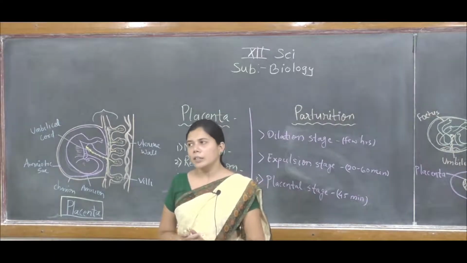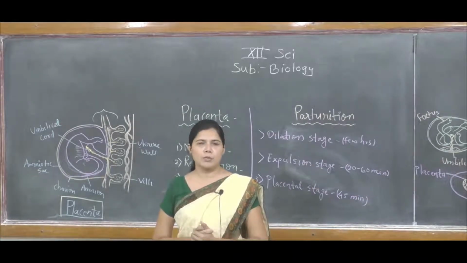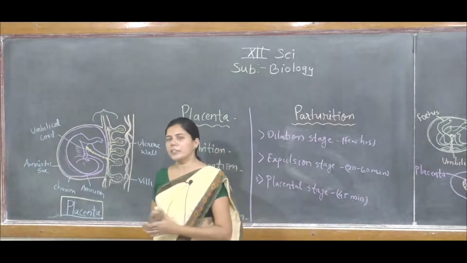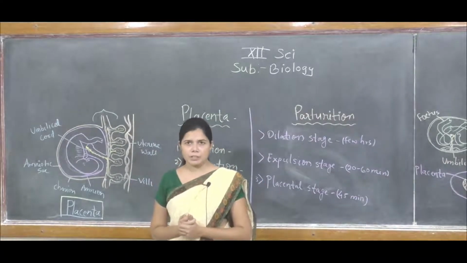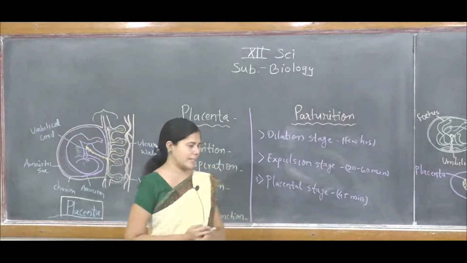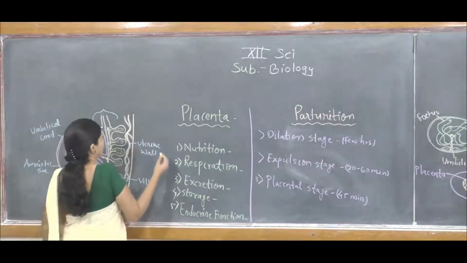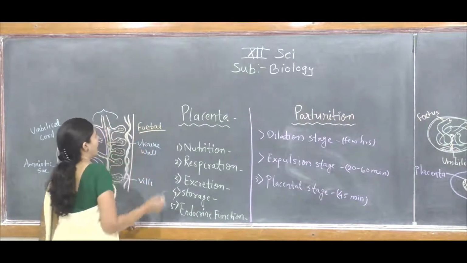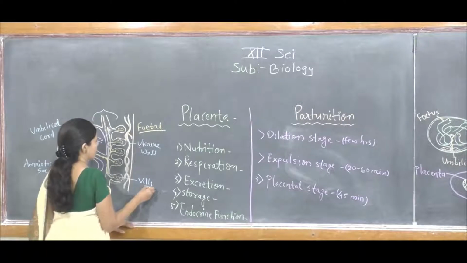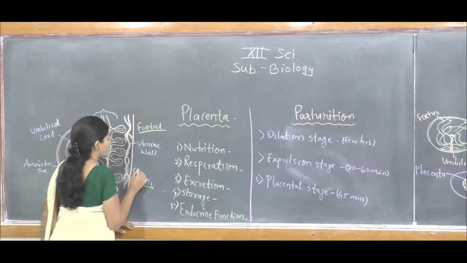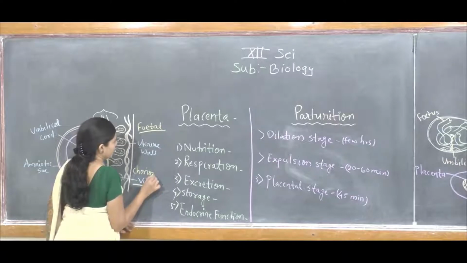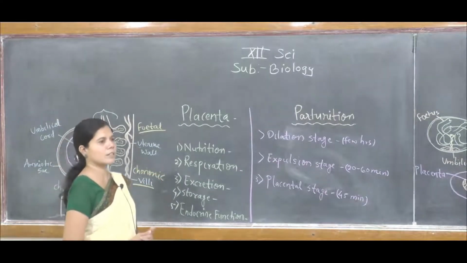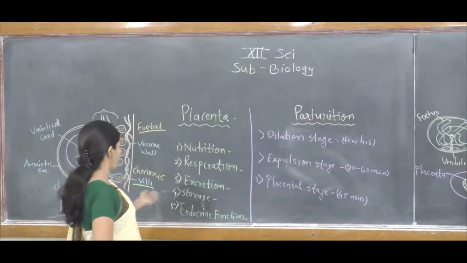Again, the placenta is contributed by two individuals, the mother and the fetus. The part contributed by the fetus is known as the fetal placenta, and it is the chorionic villi.